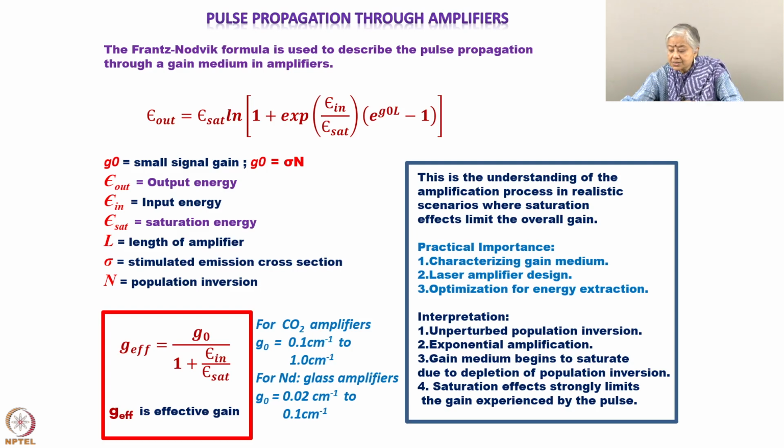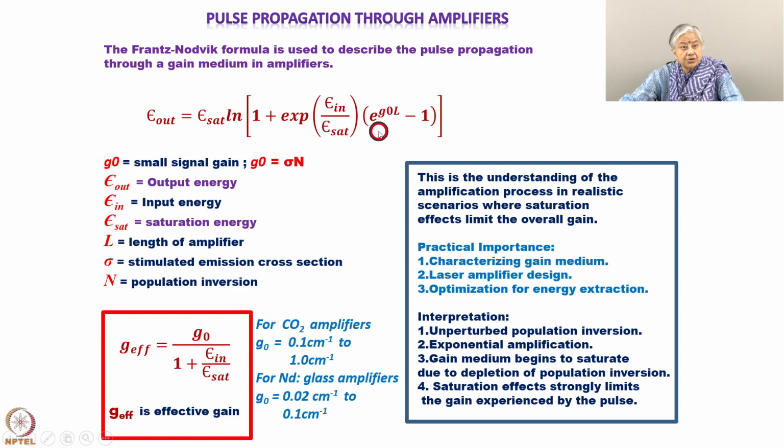So, the formula is described by this: E out is the output energy, and E sat is the saturation energy. Ln is of course the log, and exponential of E in upon E sat. E in is the input energy, that means the seed pulse energy, and this is the saturation energy, and then e to the power G0 L minus 1.